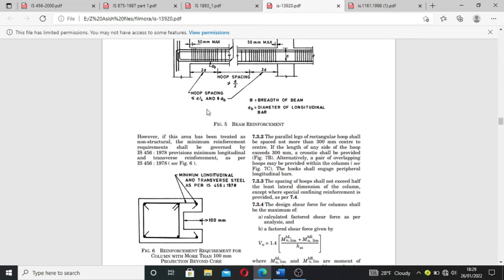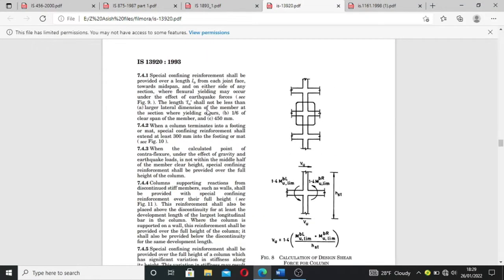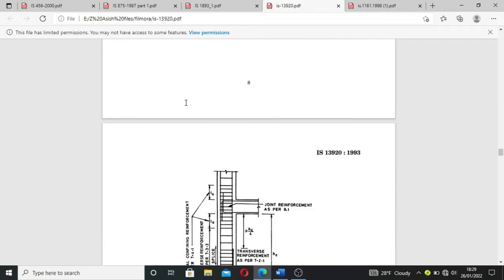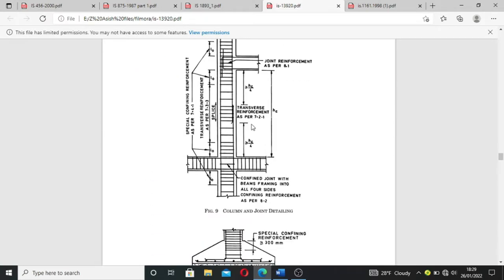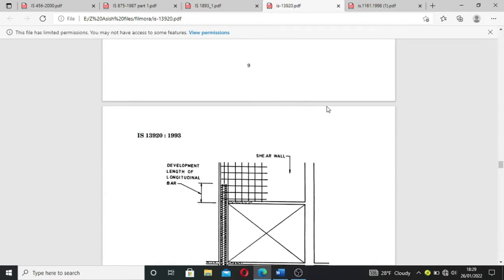So it all comes from here. There is no hard and fast rule or thumb rule for that. The spacing, the confining zone and all, it all comes from this IS code. So you need to know IS 13920 1993.